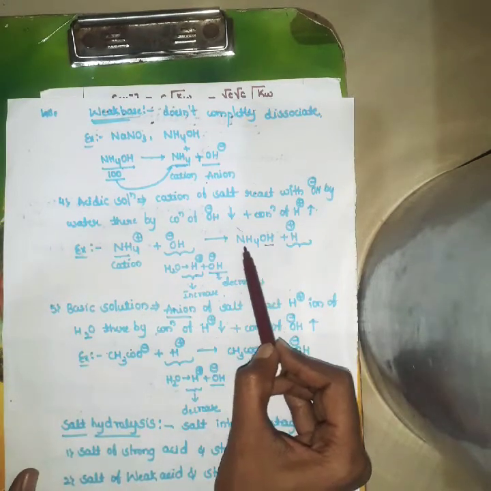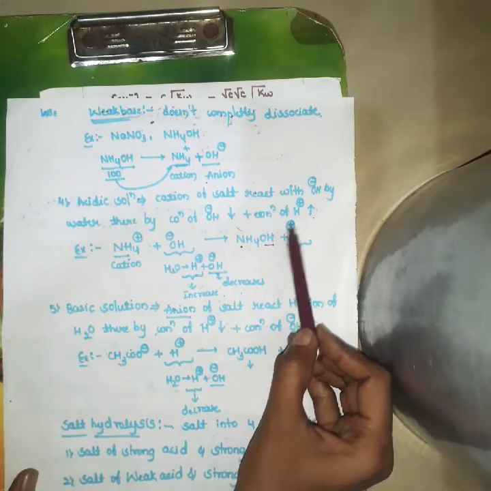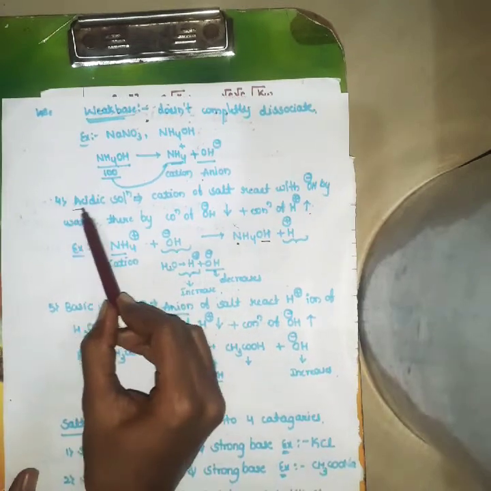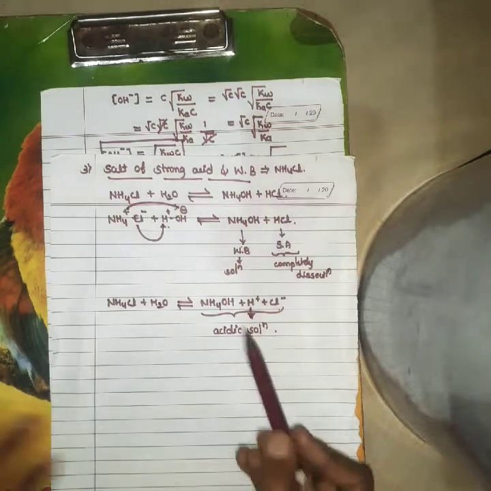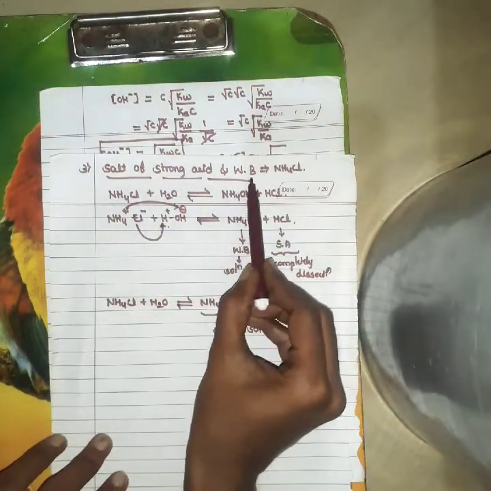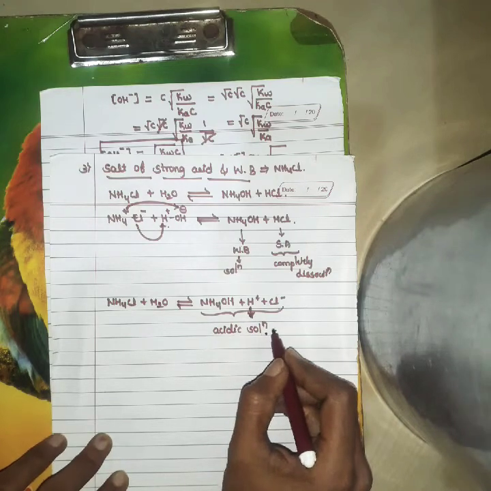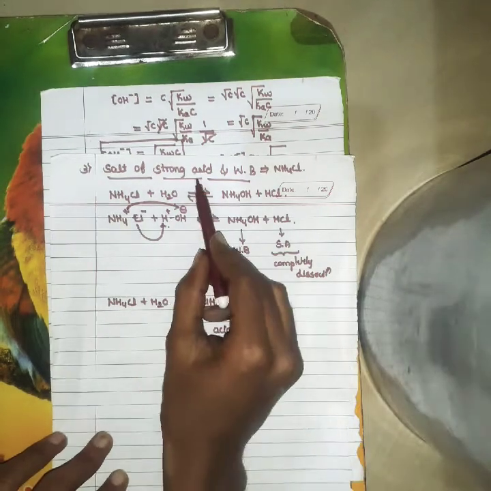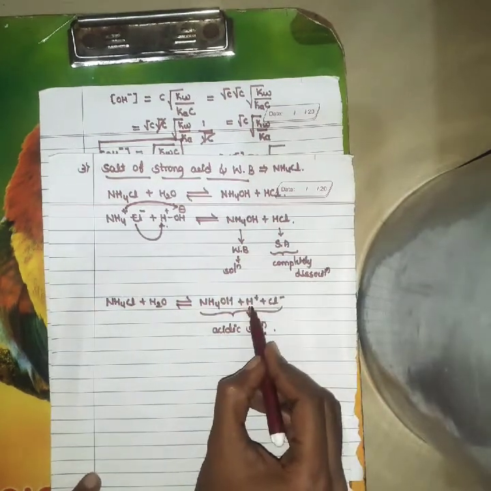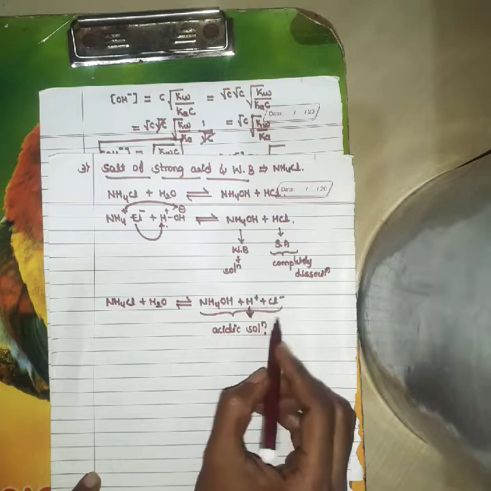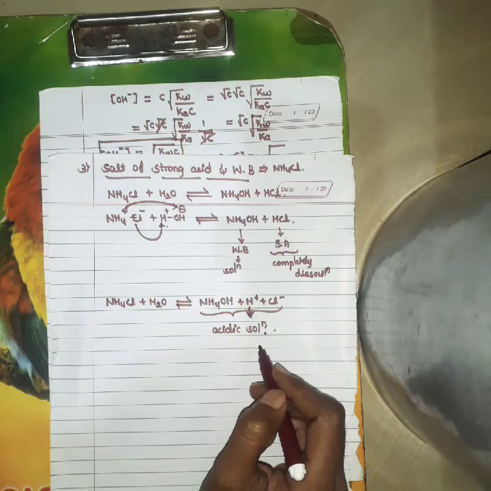OH minus will react with NH4 plus ion and the concentration of H plus will increase. This is an acidic solution. Salt of strong acid and weak base gives an acidic solution. In the last class, salt of weak acid and strong base gave a basic solution because there was an increase in the concentration of OH minus.